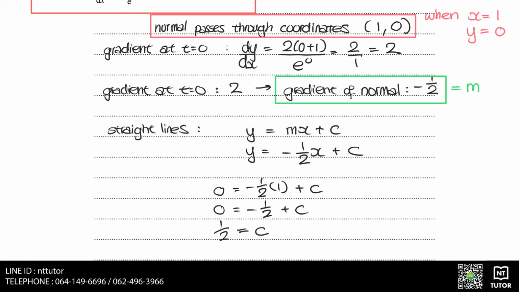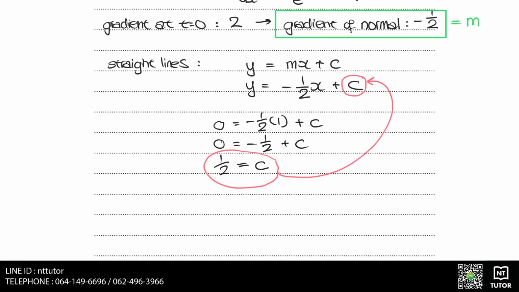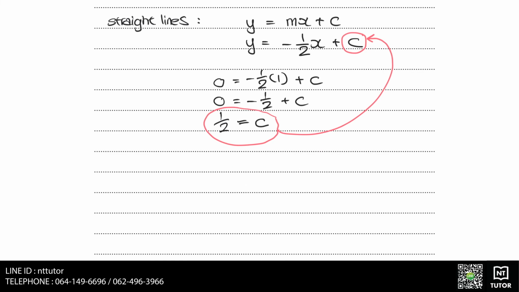After solving, we get c equals a half, and we can substitute this c back into the equation of the straight line. That means that the equation of the normal is y equals minus a half x plus 1 over 2.